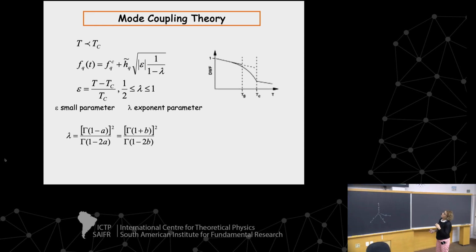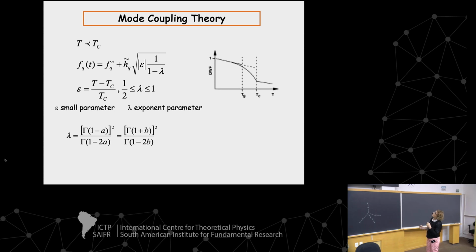So this is the Lamb-Mössbauer factor, for example, and it's supposed to behave in this way. The theory defines a small parameter, which is this one, and from the fit here, for T greater than Tc, you can extract this lambda, which is a parameter of the system.